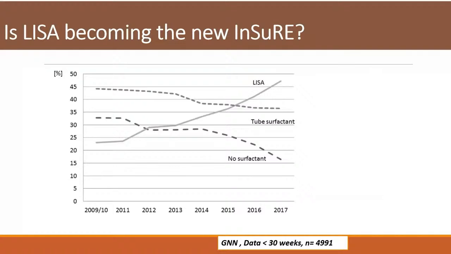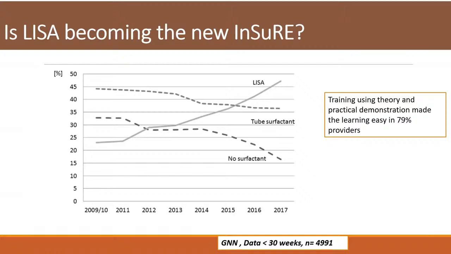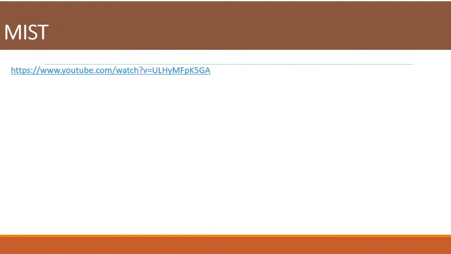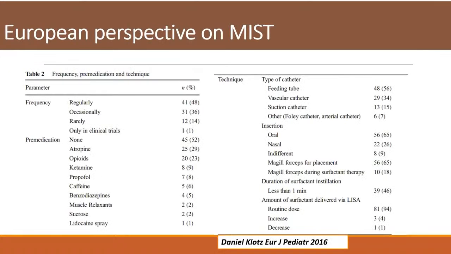Definitely something that is becoming more and more popular, as can be seen in this study, a survey of use of LISA in neonates born below 30 weeks. And it has also been seen that training using theory and practical demonstration made the learning easier, as in 79% of the providers. There are multiple YouTube videos demonstrating these techniques that can be easily accessed.